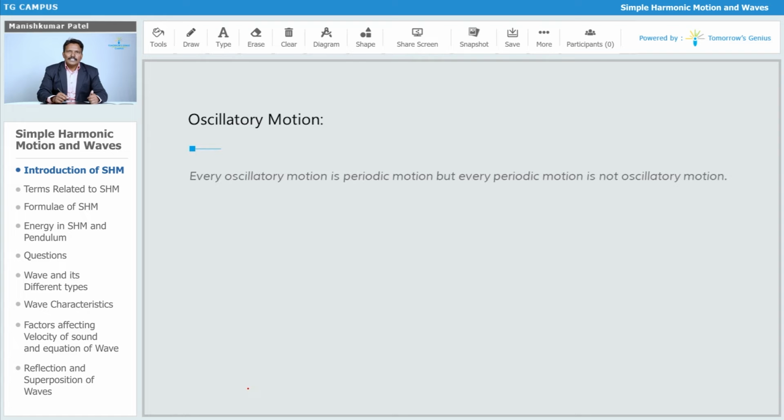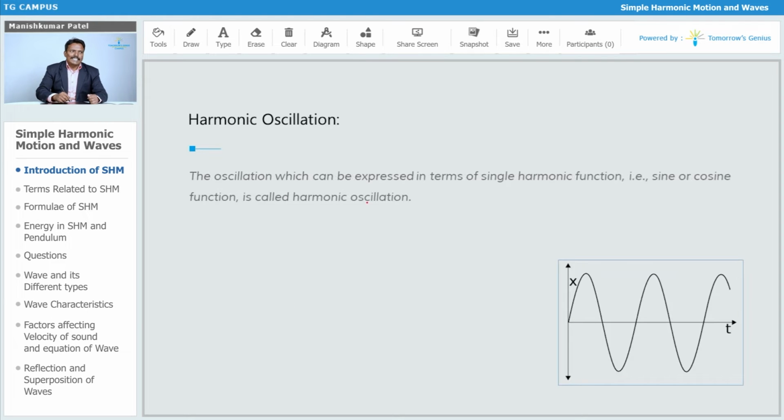When I consider the example of the earth revolving around the sun, which takes 365 days to complete one revolution, it is not back and forth or to and fro motion. It is just performing circular motion. So by default oscillatory motion becomes periodic motion, but every periodic motion is not necessarily oscillatory. That is the most important difference between periodic motion and oscillatory motion.